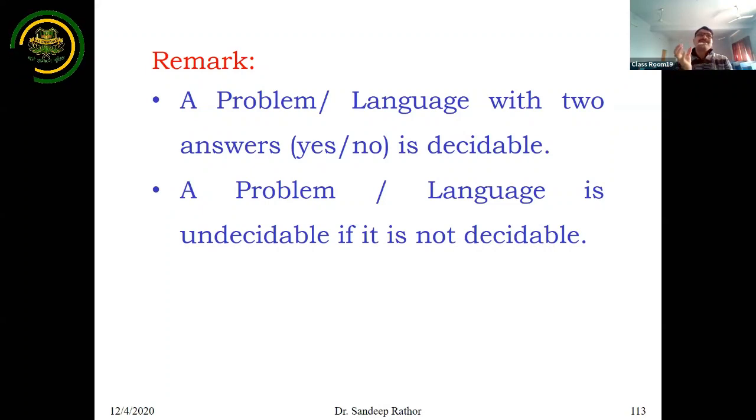For example, if you pass any number or any string to the machine and your machine moves into an infinite looping process, this type of problem is undecidable, because we can't say whether we will find the solution of that problem or not. So if anyone asks you about a decidable or undecidable problem, or a solvable and unsolvable problem, you can answer with these two statements: a problem or language with two answers, yes or no, is called decidable.